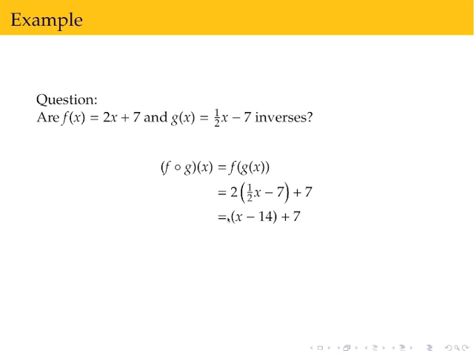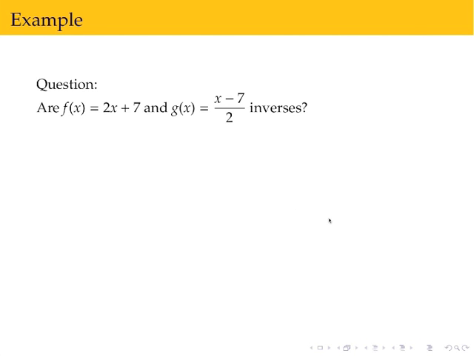Now, since there's not any multiplication or anything happening to those parentheses, I can just drop them and combine like terms. And I get x minus 7. So when I compose the two functions, I do not get x back. These are not inverses.